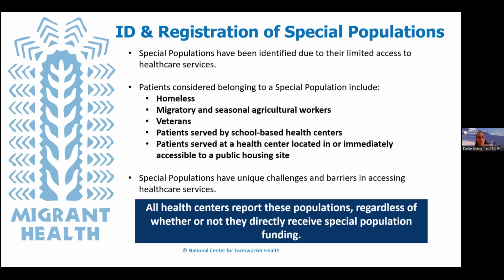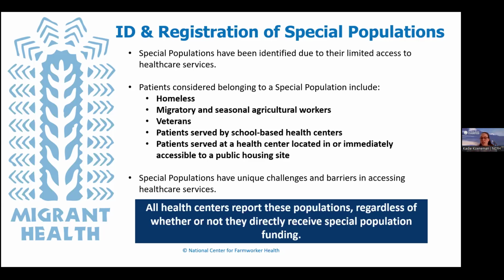We're going to go ahead and get started with talking about some important reasons why it is important to identify a patient as a member of a special population, setting the foundation for our ag worker identification process. The federal government has identified groups of community members that have limited access to healthcare services and have unique challenges in accessing services. Therefore, the government provides funding to support the provision of health services that specifically target these special populations.